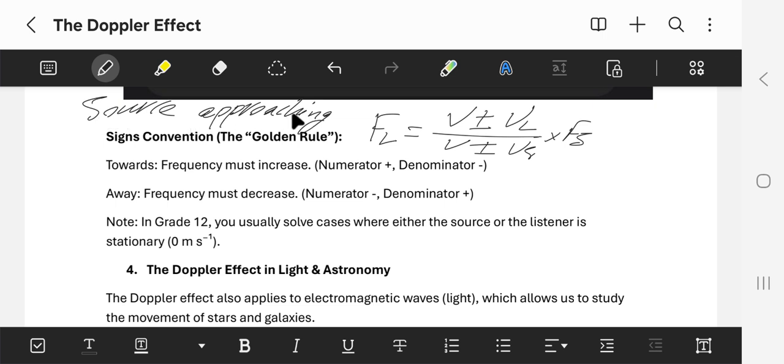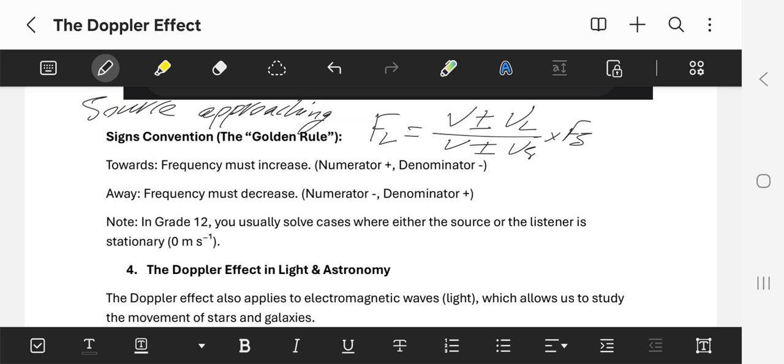If our source is approaching, the velocity of the listener has to be positive. Do you hear me? And the velocity of the source will be the opposite of what the velocity of the listener is in terms of the sign when the source is approaching. And what that means is that if the source is approaching, the velocity of the listener is positive. What is the opposite of positive? It's negative, and that means the velocity of the source will be negative. Source approaching, velocity of the listener is positive. Velocity of the source is the opposite of positive, which is negative.